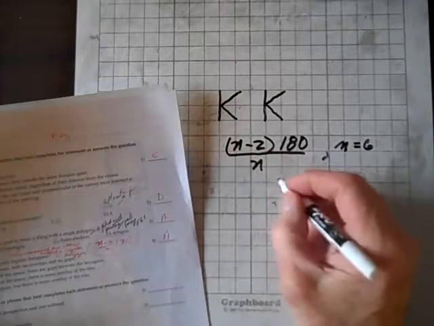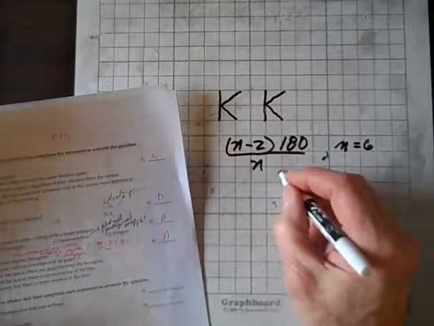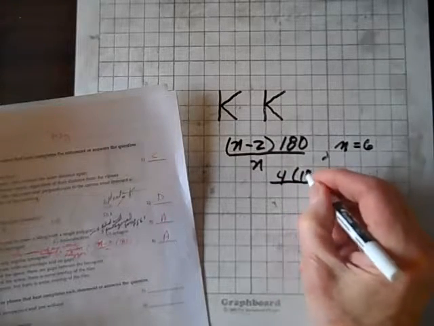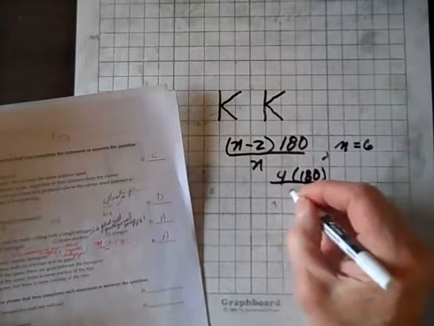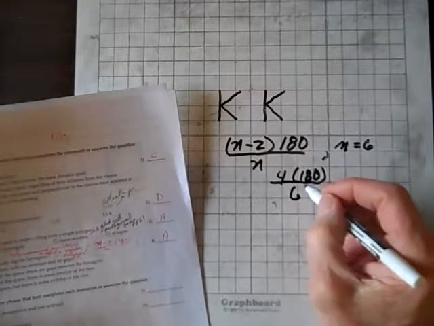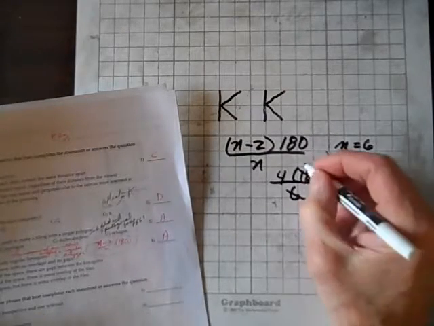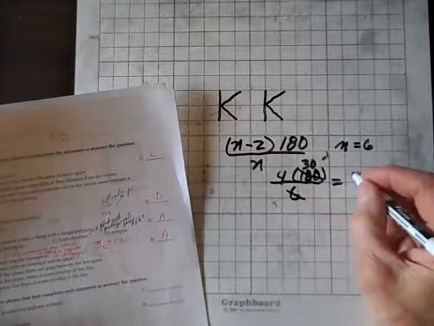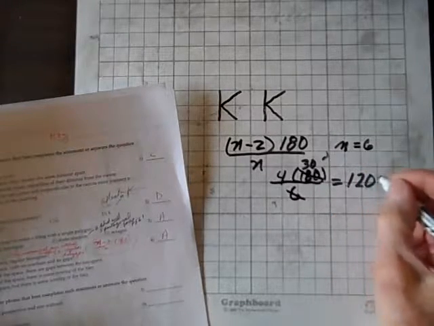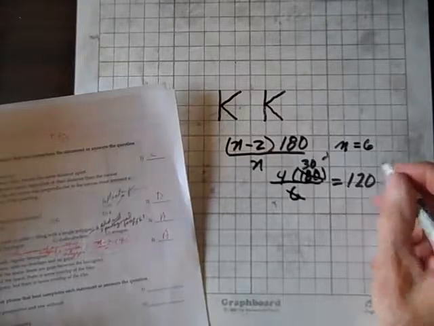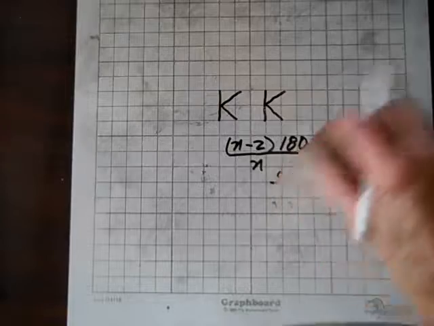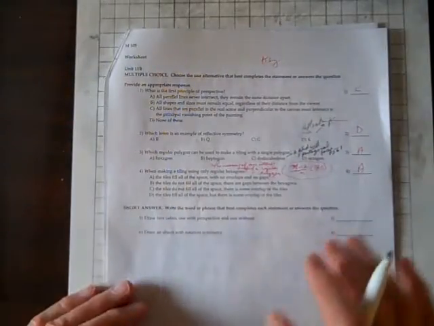So 6 minus 2 is 4 times 180 divided by 6, and 6 goes into 180 30 times, and 4 times 30 is 120. And those are the degrees in each interior angle of a regular hexagon.